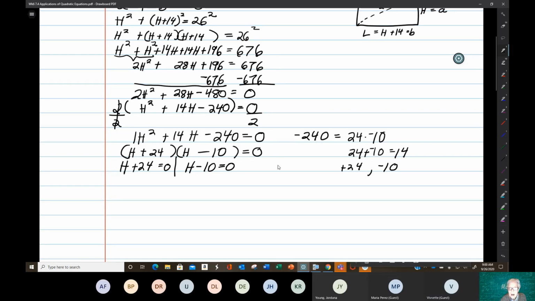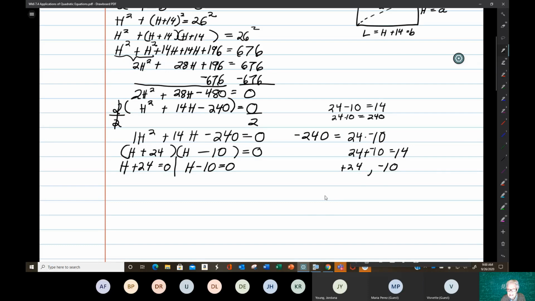But I know that 24 minus 10, that came first. 24 minus 10 is 14. And 24 times 10 is 240. So I knew that there'd be some combination there. Now, this is not positive 240, of course, it's negative 240.